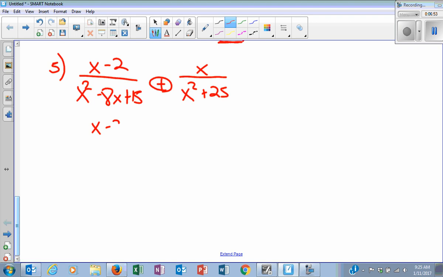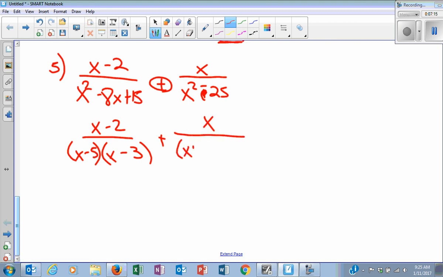So x minus 2 over, this becomes x minus 5, x minus 3, same signs, both negative, two numbers that multiply to 15 and add to 8: 5 and 3. And then this is a minus 25, sorry about that. Plus x over x plus 5, x minus 5.